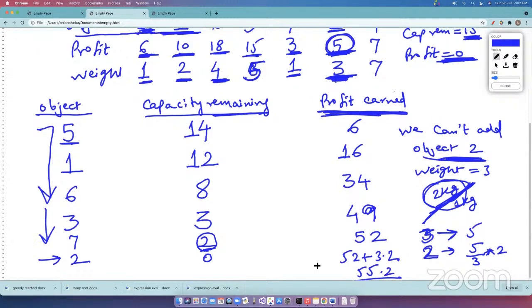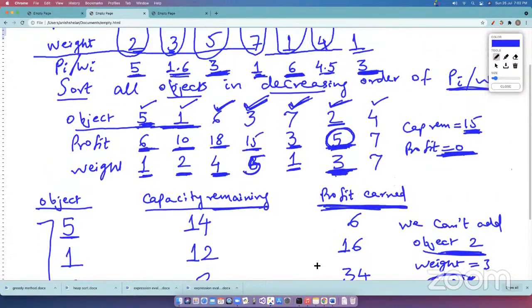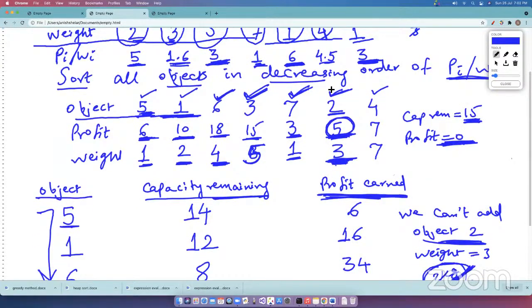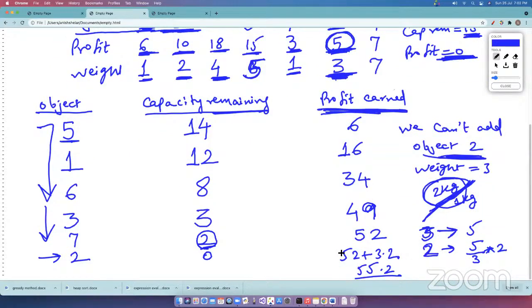If you calculate it completely correctly, 1.6 is not the accurate answer here. We approximated it, but 5 by 3 is going to be 1.666. So it will roughly come out the same. So this is going to be the maximum profit. You see.